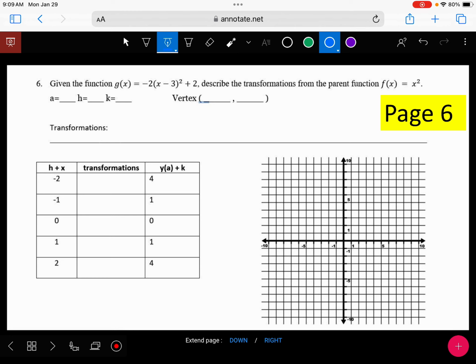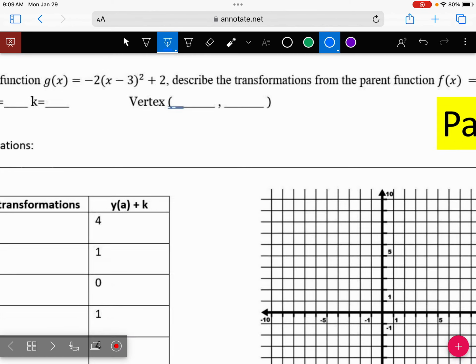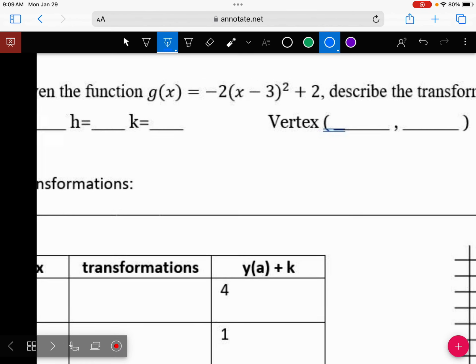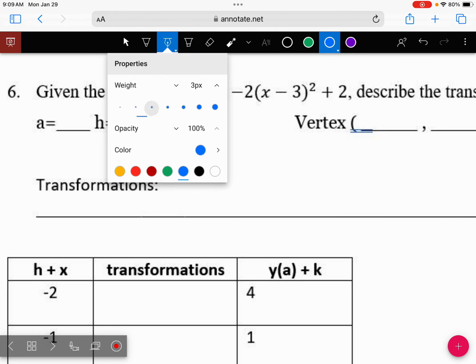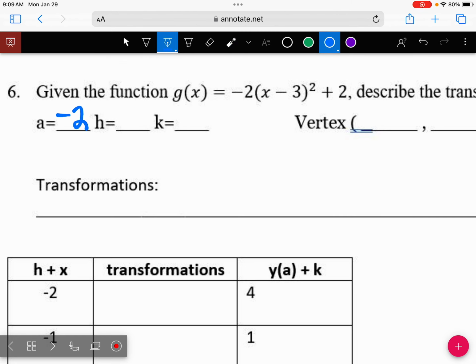So go to page 6 in your notes, and let's practice this. First thing I want you to do is fill in your A, H, and K. A is always in front of the parentheses or in front of X. So in this example, A would be -2.